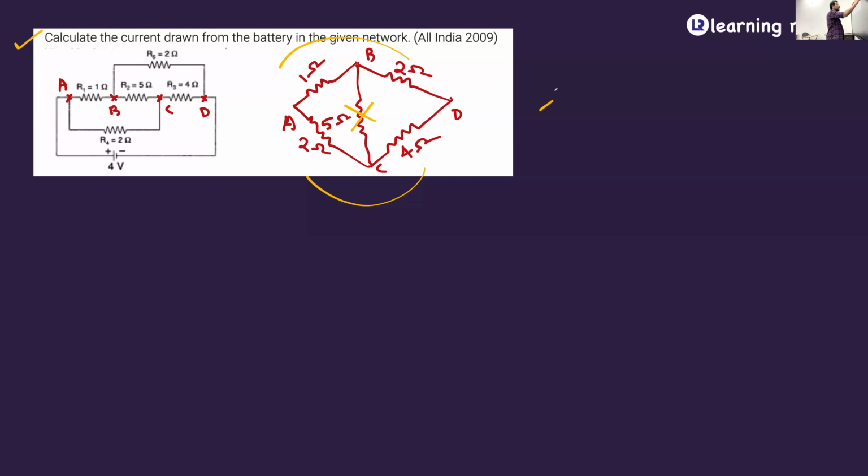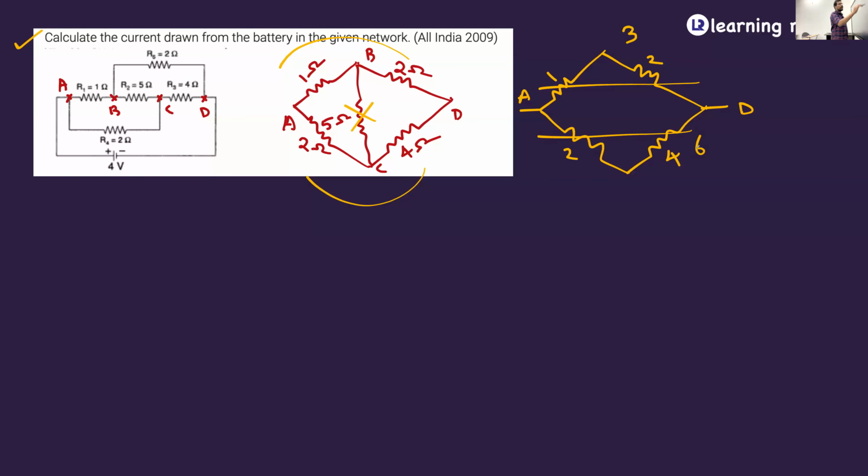So when that is the scenario, you have 1 ohm here, 2 ohm here, 2 ohm here, and 4 ohm here, which is connected between the points A to D. So here the equivalent value is 3, here the equivalent value is 6. 3 and 6 are connected in parallel. So R effective in this scenario is going to be equal to R1 R2 divided by R1 plus R2.